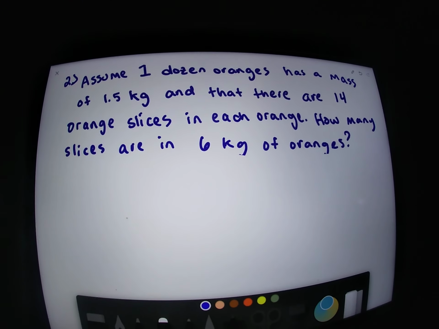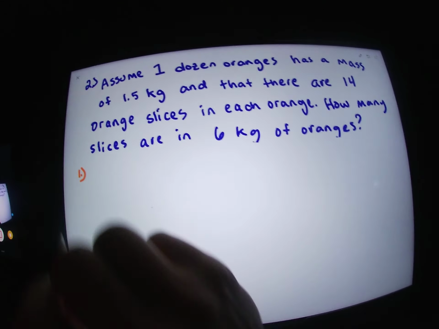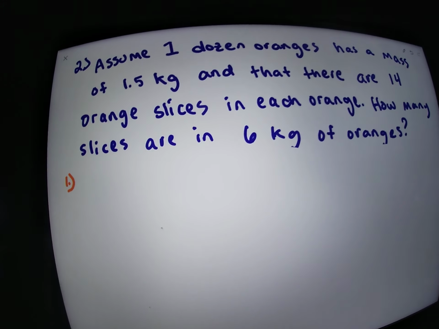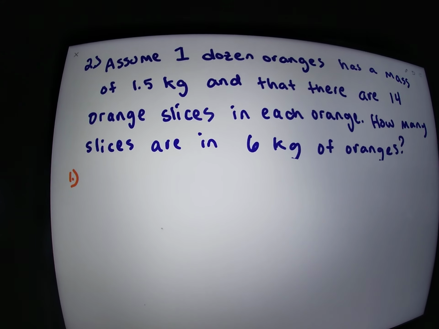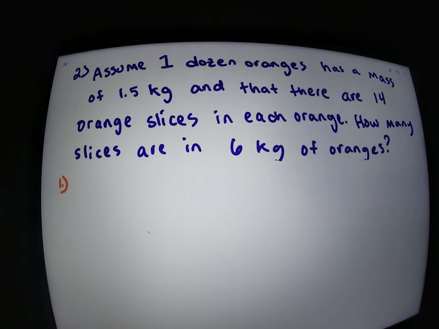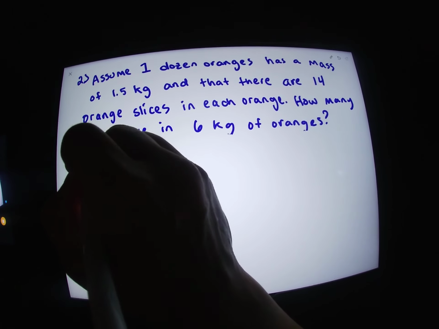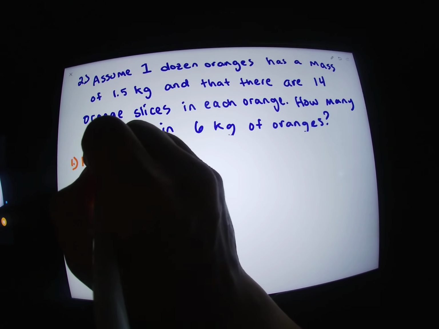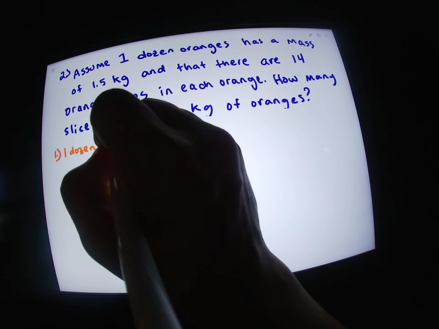So the first step, as always, is going to be listing what we know. Assume 1 dozen oranges has a mass. We know that 1 dozen equals 1.5 kilograms.